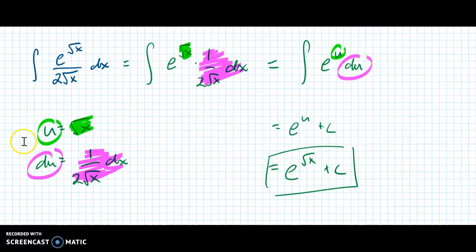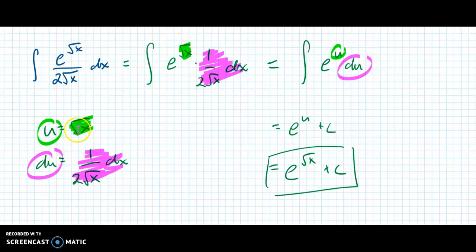Next one, this one might be tricky because it's got 2 roots in it, and you have to decide which one is part of the u and which one is part of the du. I tried to make it as quote easy as possible by putting this 2 here. Maybe that helped, maybe it didn't. But I got e to the root x over 2 root x dx.